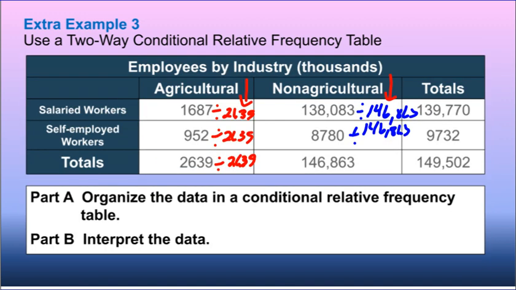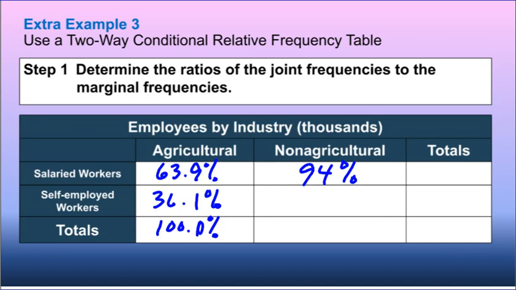And then we'd have 8780 divided by 146,863, multiply it by 100, we would get roughly 6%, which will make this 100%.